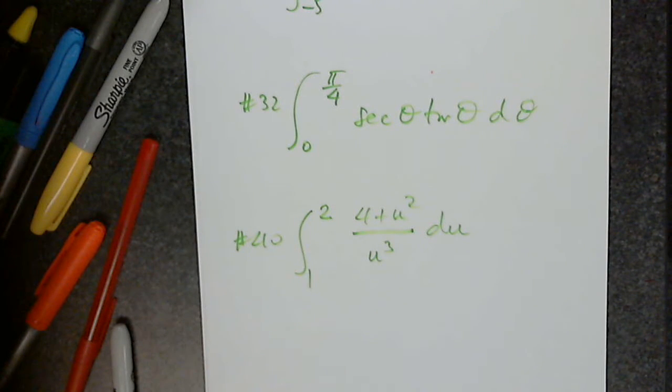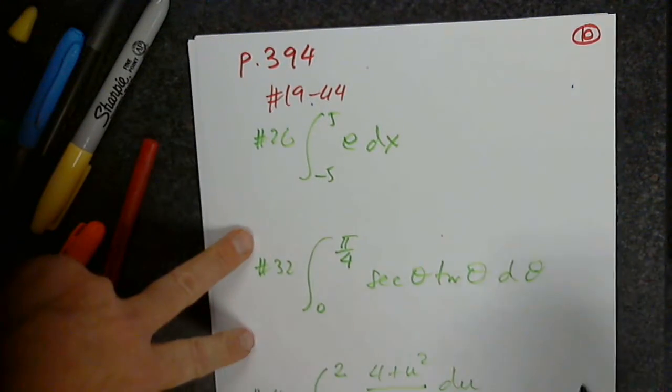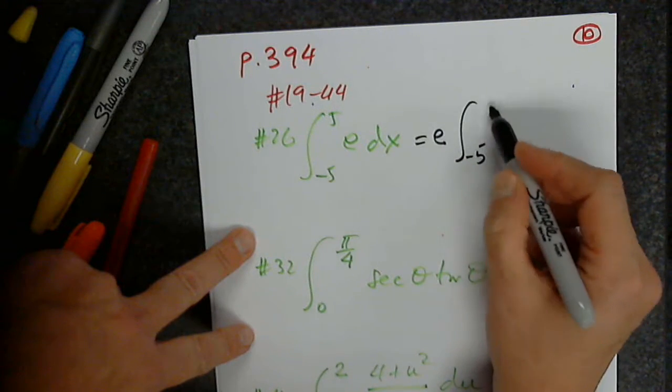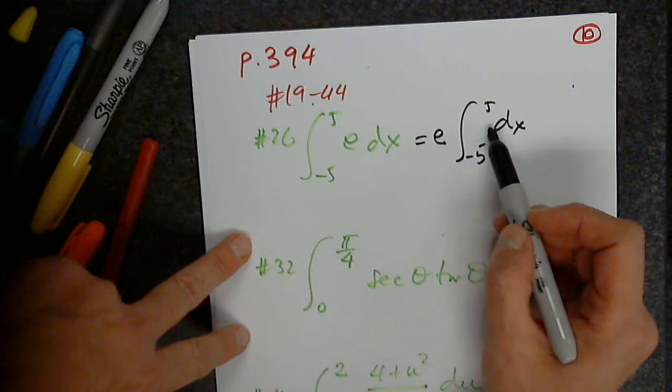Do we have an answer for the first one? Do we need more time for the first one? Okay, so e is a constant, so we take it outside. So this is the integral from -5 to 5 of dx, and 1 is an even function.